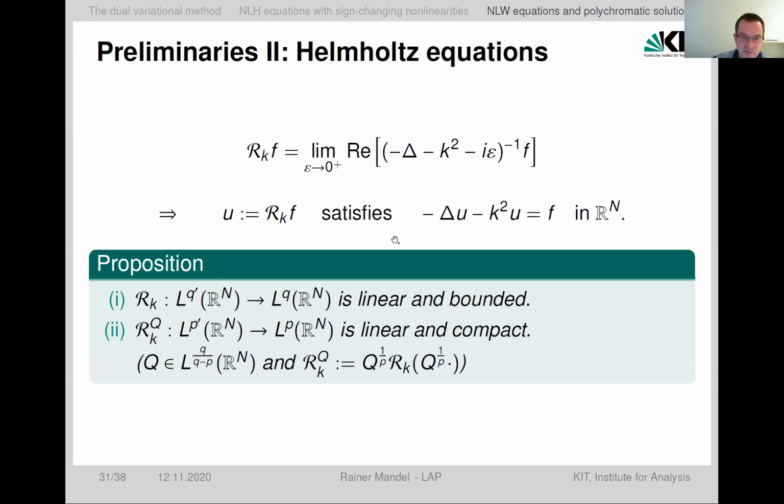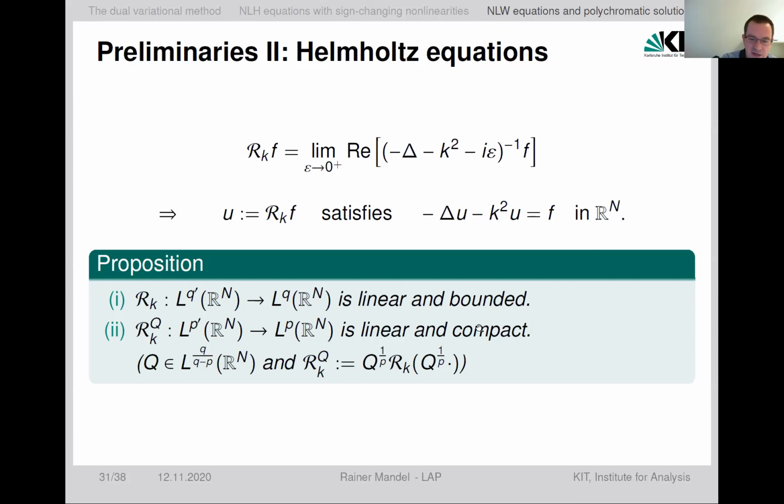Hausdorff-Young inequality is one of such tools, and again, I need this operator R_k from before, this Helmholtz right inverse, because this one allows to solve Helmholtz equations as I explained before, namely, given a right-hand side f, a solution of this Helmholtz equation can be found by putting u equal to R_k f. What we need is that in suitable spaces, this operator R_k is bounded and even sometimes compact.